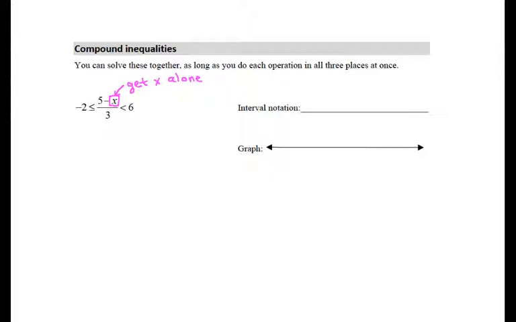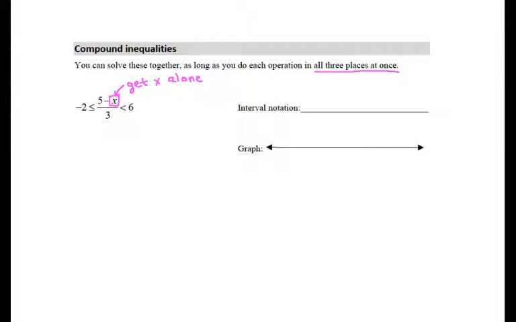We can solve this all as one unit as long as we follow the rule that each operation, instead of doing it to both sides like we would in an equation or a standard inequality, we're going to do each operation to all 3 places at once.